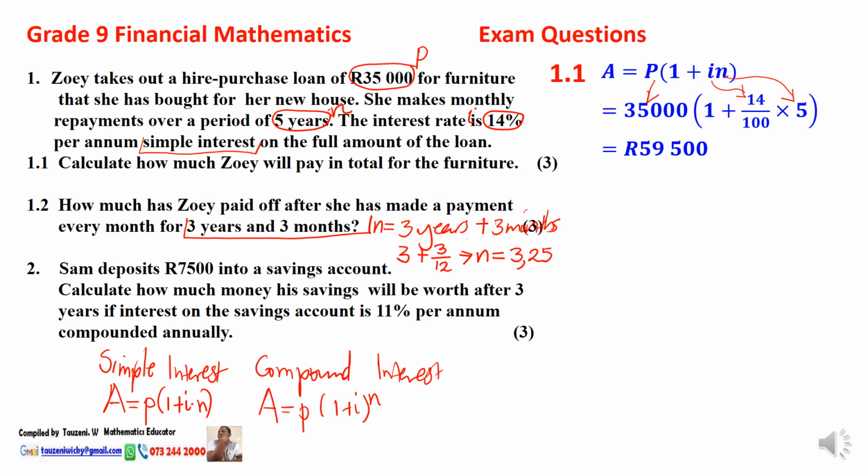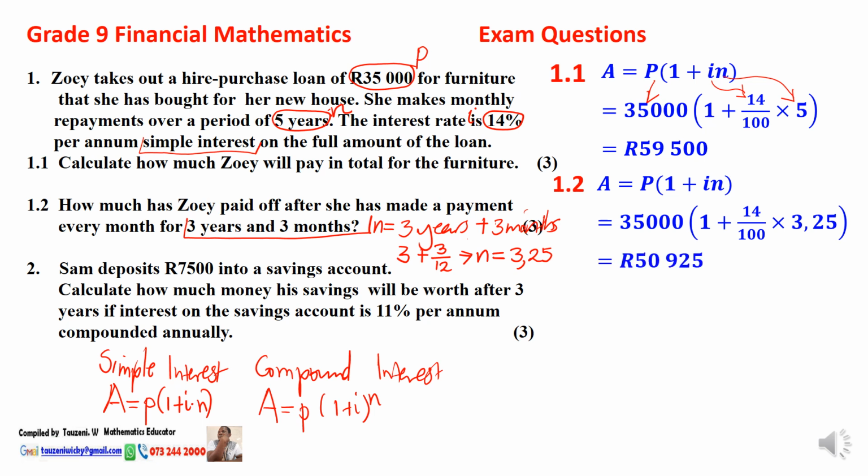Then our formula is the same, the simple interest formula. In place of P, the money is 35,000. In place of i, it's 14 over 100. In place of n, we have 3,25. You type this into the calculator and you will get your answer. So for number 1.2, the answer is 50,925.